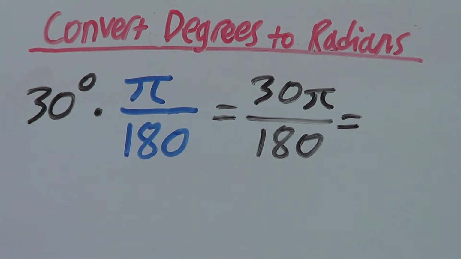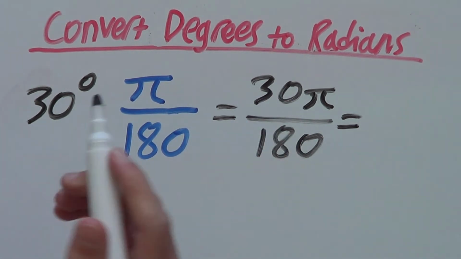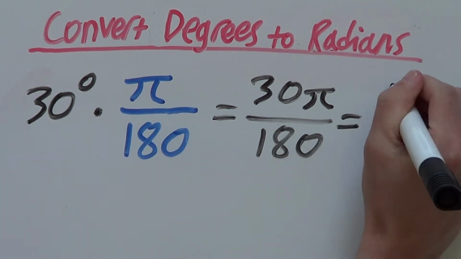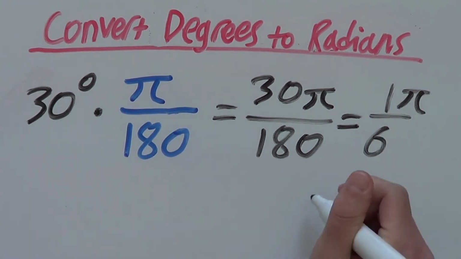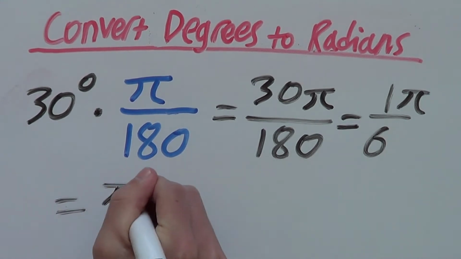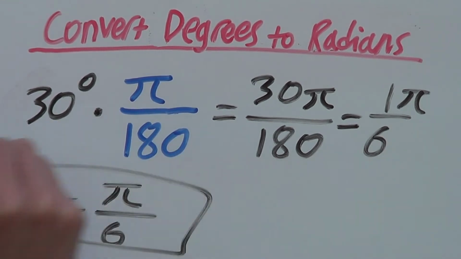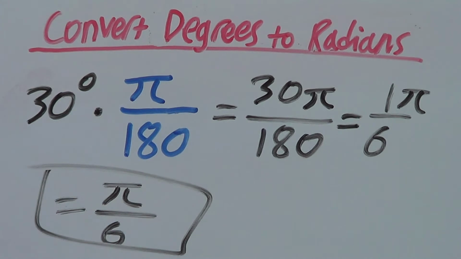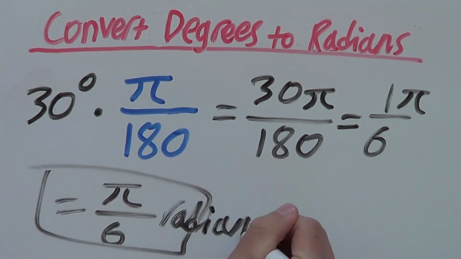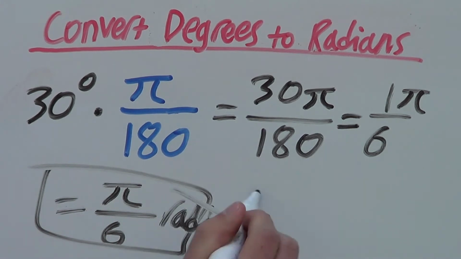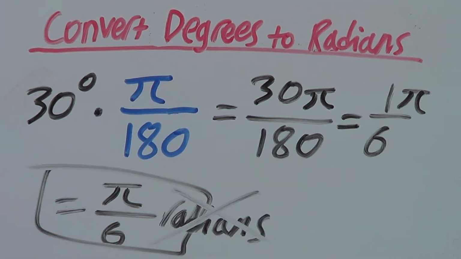Which then simplifies, since 30 goes into both itself and 180, 1 over 6, 1 pi over 6, which is just equal to pi over 6, since we don't need to write the 1. So, 30 degrees into radians is pi over 6 radians. But you don't really need to write the radians, I'm just writing it to show that it is radians.